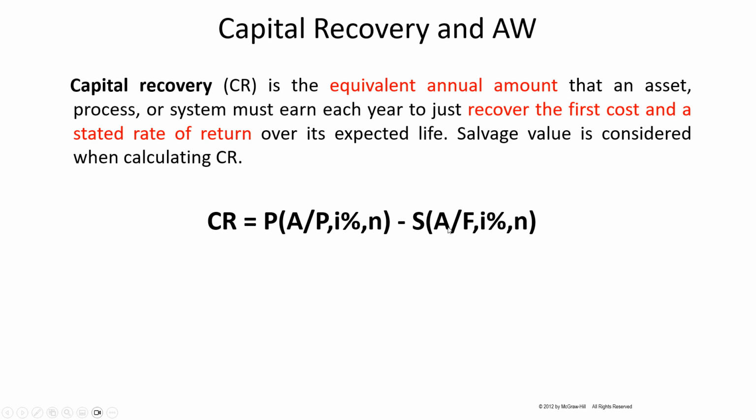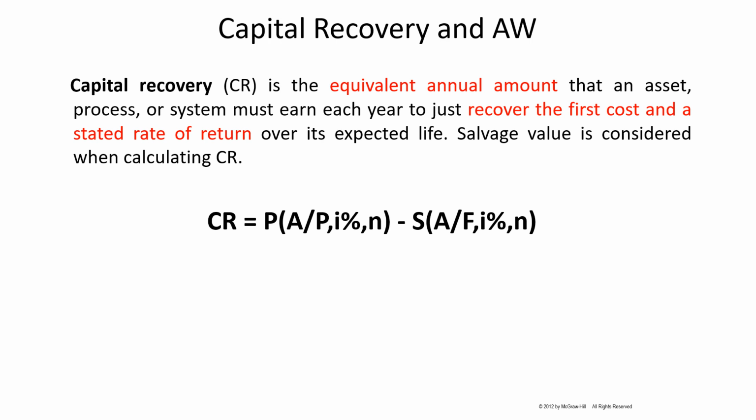Now keep in mind the general form of find A given F is if we have a certain number of years, so 1, 2, 3, 4, 5, an annual series, which is an uninterrupted stream of either inflows or outflows.